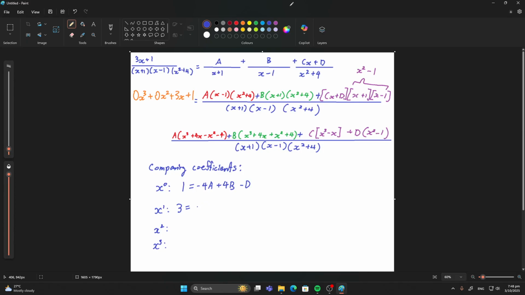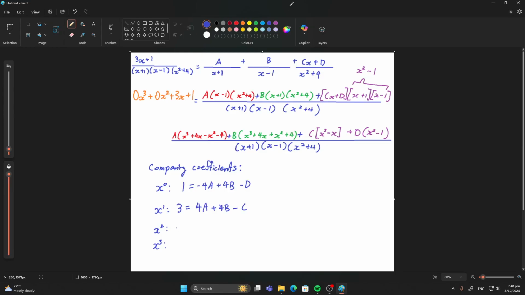For x to the 1 we have minus A, sorry, not minus A. I'm looking at the wrong one. We have plus 4A plus 4B, and then we have a minus C. For D, it is the x squared term and x to the 0 term, so I can't do anything.